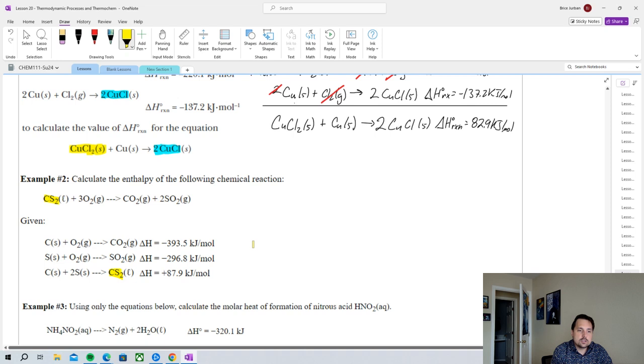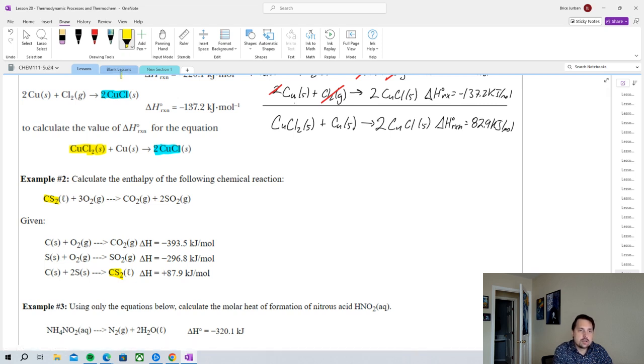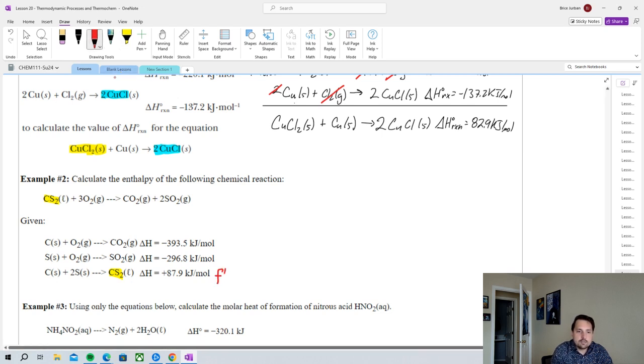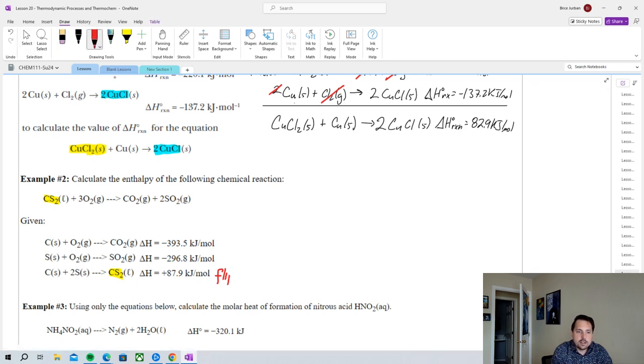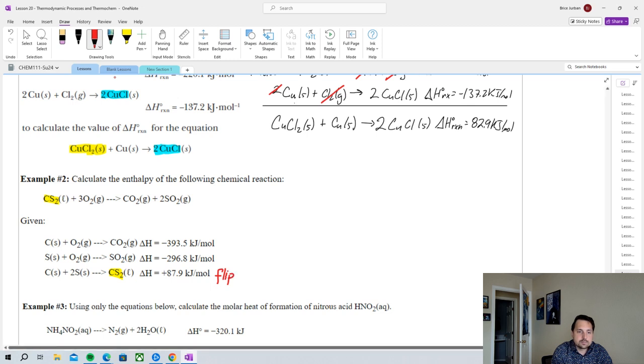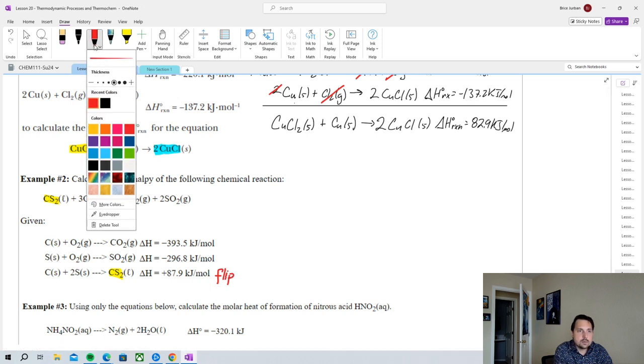Usually we can solve the problem that way. So this one shows up right there. It's obviously on the wrong side, so we're going to need to flip this enthalpy to give us negative 87.9. I'll deal with the math in just a minute.